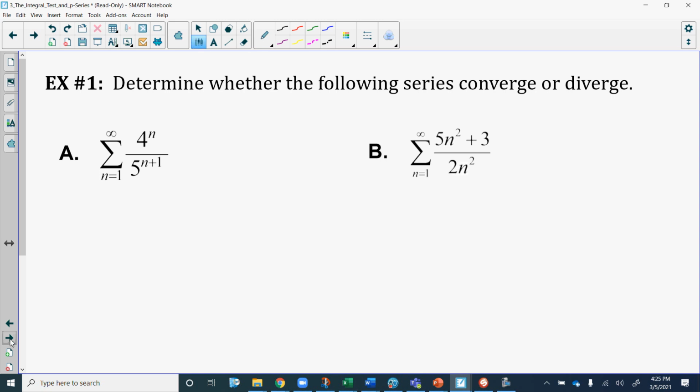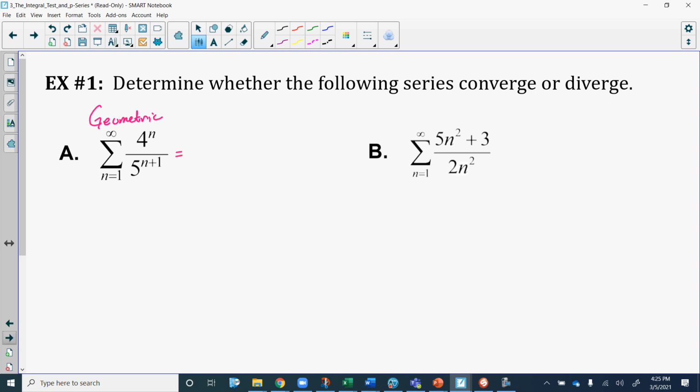What I'm looking at in this example, I'm looking at A first. And to me, the sequence that I'm seeing, the 4^n over 5^(n+1), stands out as a geometric sequence.